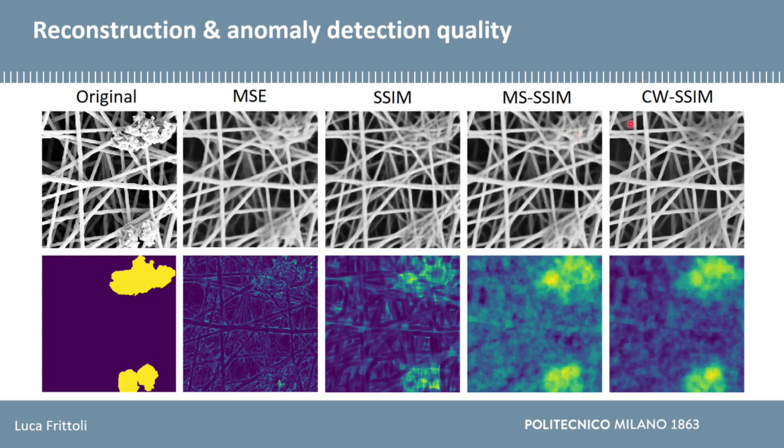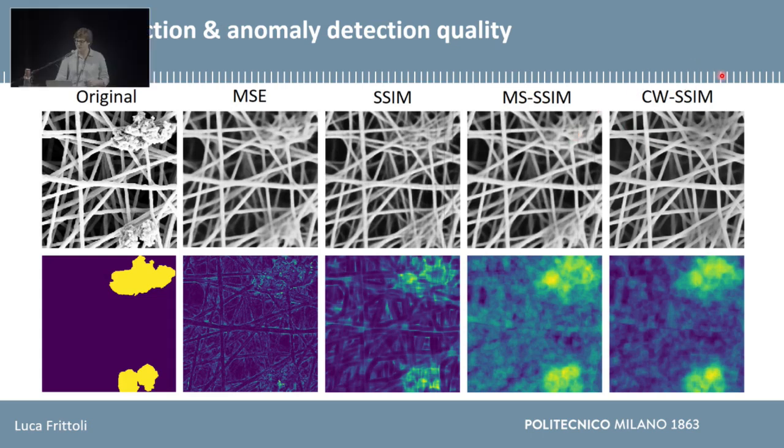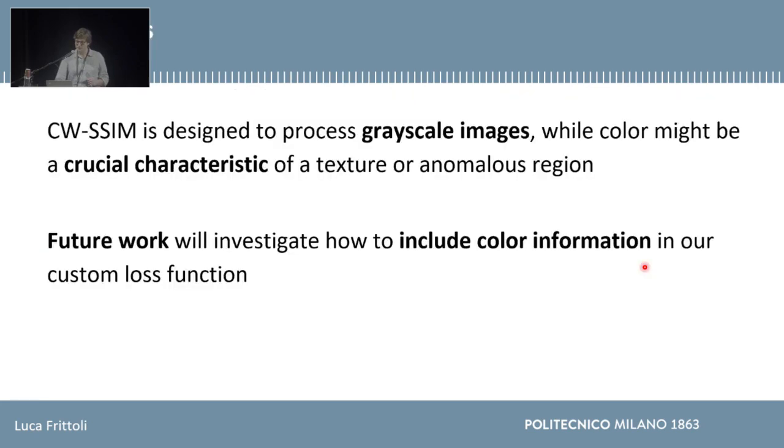Okay, and we can see that using the complex wavelet structural similarity yields the best quality of reconstruction and also the best anomaly score. The main limitation of our work is that complex wavelet structural similarity is designed to process only grayscale images, and of course, colors might be very important information.